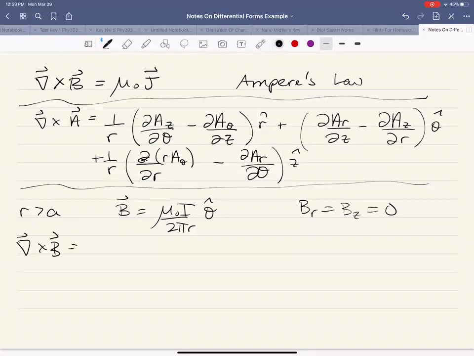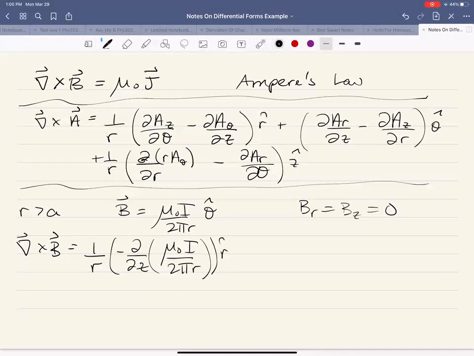So let's apply it to our particular magnetic field. Up here I had del cross A is equal to 1 upon r partial A_z with respect to theta minus partial A theta with respect to z. I do have a theta part there, but the z part is 0. So that's just minus partial with respect to z of mu naught I over 2 pi r, and that will be my r hat part.